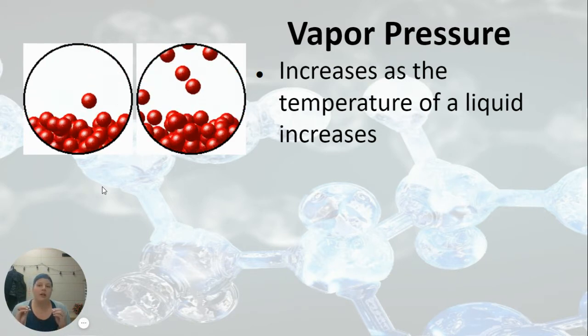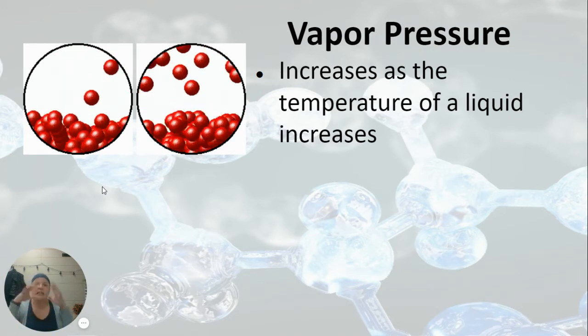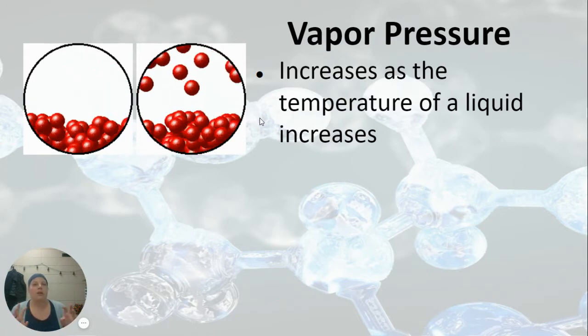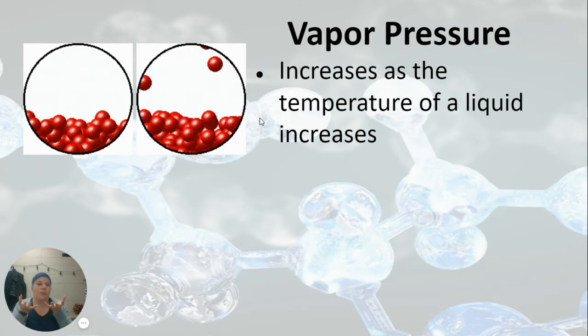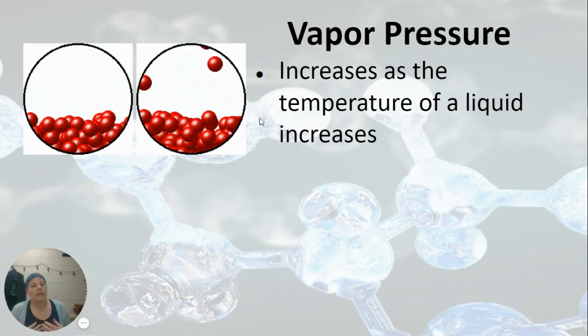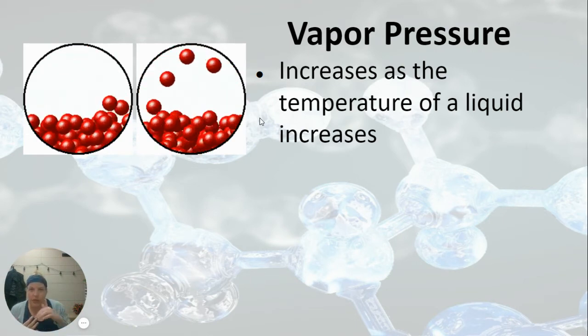And so because they don't have quite as much energy, not as many of those particles can escape. However, if I heat that vapor up, the average energy of all of the particles goes up because I'm adding energy to it by heating it. And when we do that, the number of particles that have that higher energy to escape gets higher.